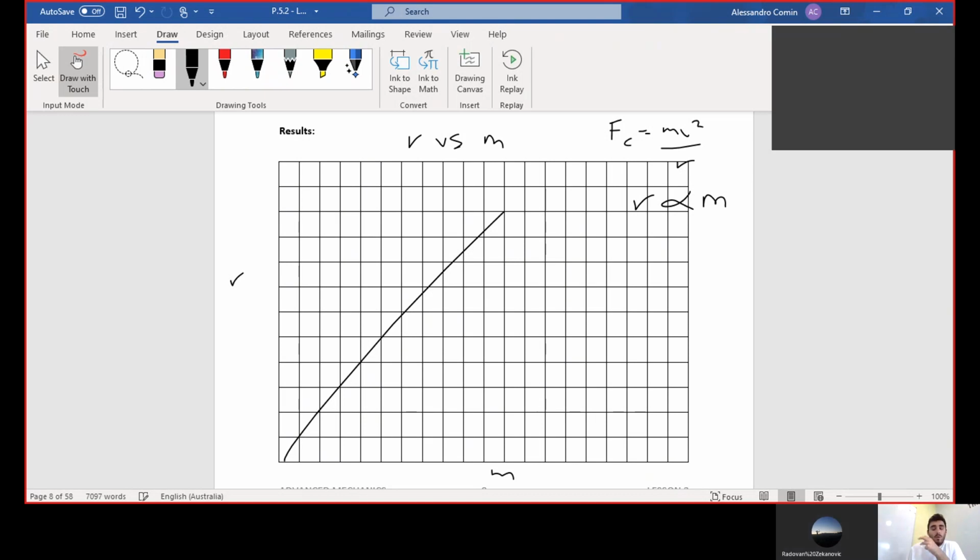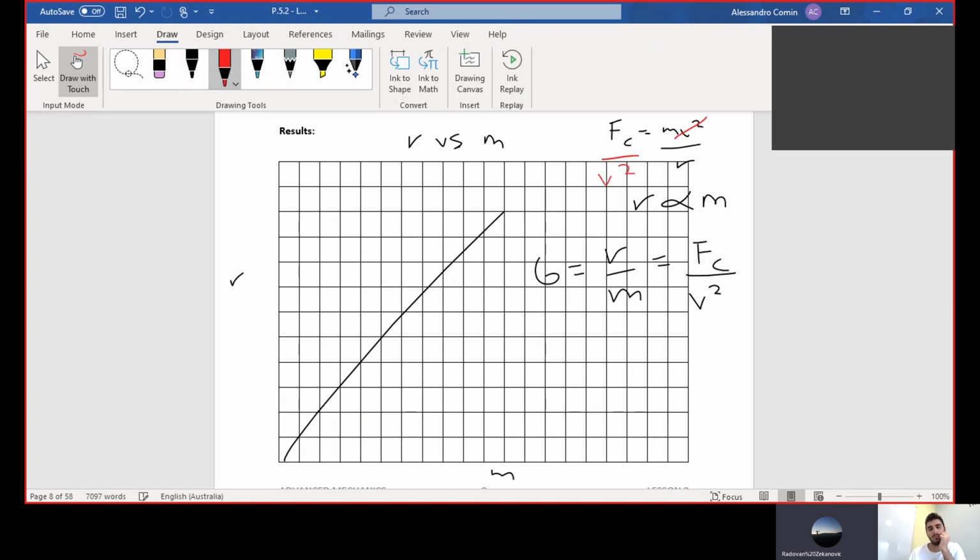What you are asked is to find what Fc is. You would take the gradient, capital G, which is equal to R on M. By the formula, this is equal to Fc on V squared, because I just divided V squared over.